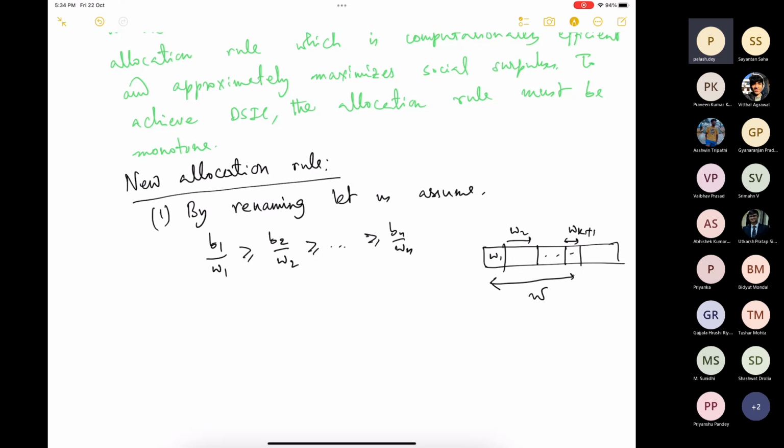So W falls maybe somewhere here in between. Okay. So first you sort. Second, you pick winners. Winners means that you set the corresponding xi value to be 1, you pick them in this order till you can.